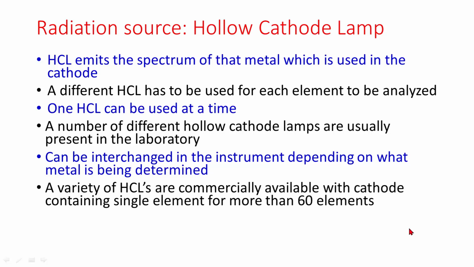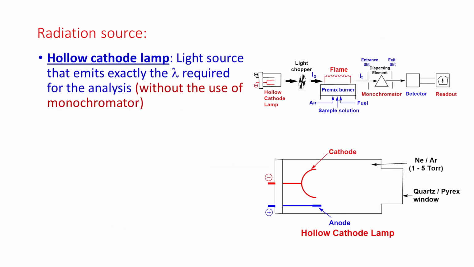A variety of hollow cathode lamps are commercially available with cathode containing single element for more than 60 elements. Some lamps are multi-element. Hollow cathode lamp is a light source that emits exactly the wavelength required for analysis.